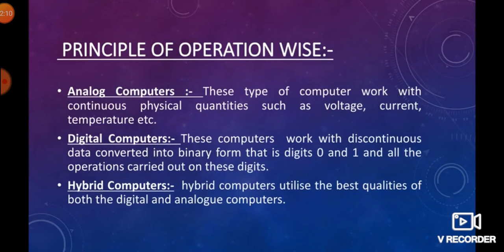Now on the basis of principle or operation, there are three types of computer. First is analog, second is digital, and third is hybrid computers. Analog computers are those computers which work with continuous physical quantities such as voltage, current, and temperature, etc. So basically the devices that we use for measuring temperature and the devices that we use for finding pressure, those types of computers are called analog computers.